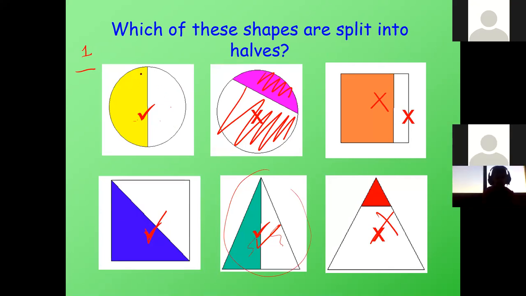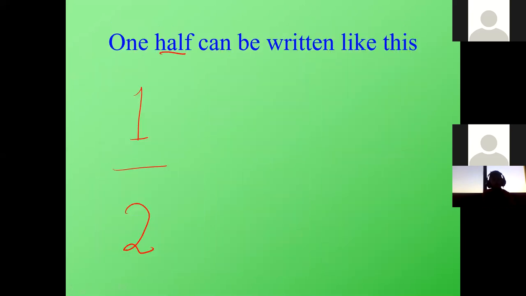I colored one part out of how many parts, the total number of equal parts. Into how many parts did I divide this circle? Two parts, so 1 out of 2.